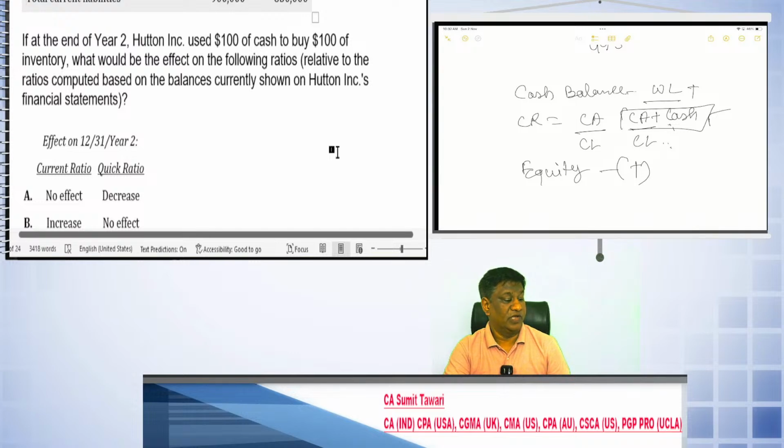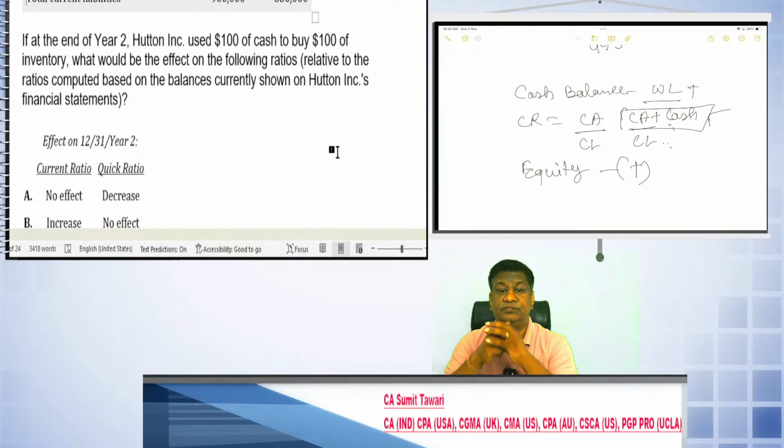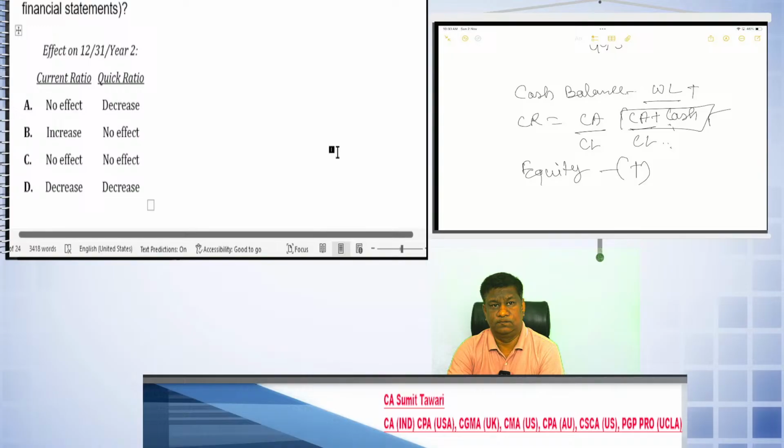You do not require to calculate anything.